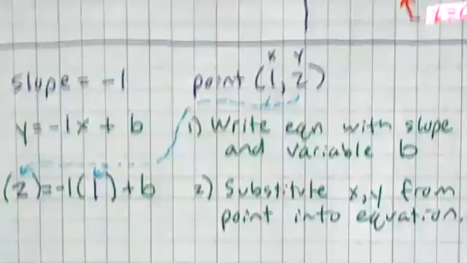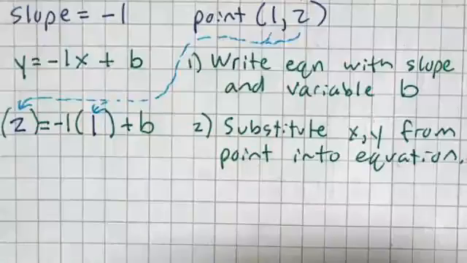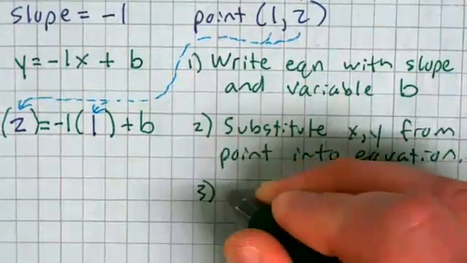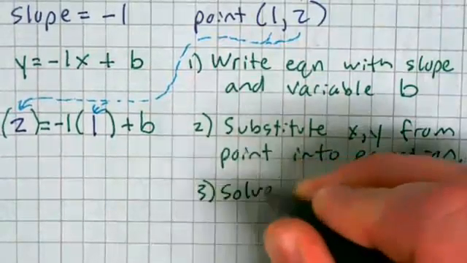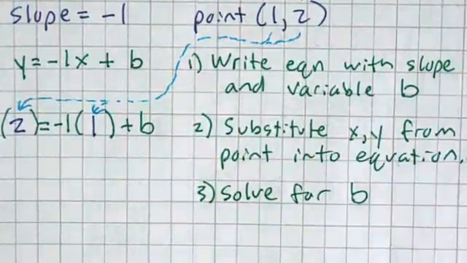For this next step, I'm going to tell you what the step is, and I'm going to ask you to do it. Instead of showing you what it is and telling you what the words are, we'll do it the opposite direction. Solve for b. You all know how to solve equations, so do your algebra steps to get b by itself there.